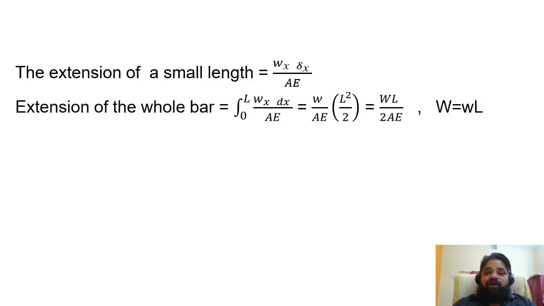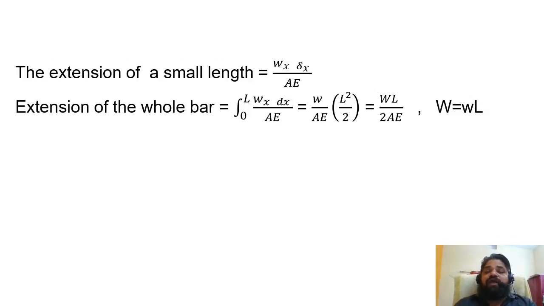Now, to get the whole, I just need to integrate 0 to L wx dx. This wx below the length, so W is the load intensity for the whole length L, W per unit length.